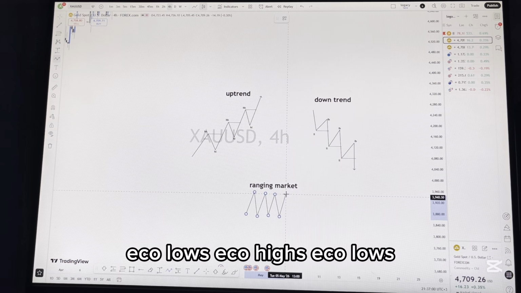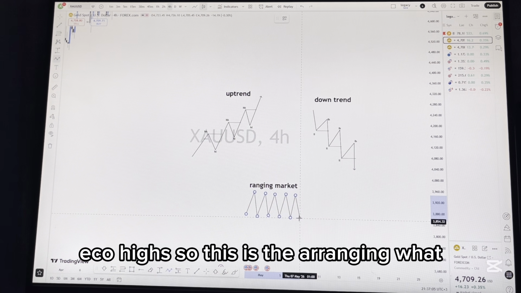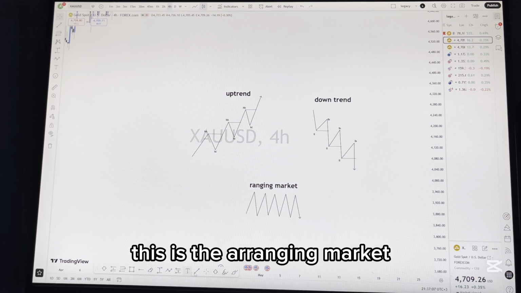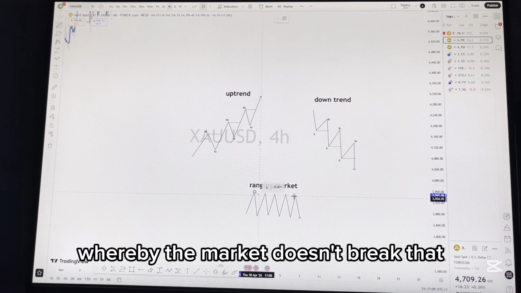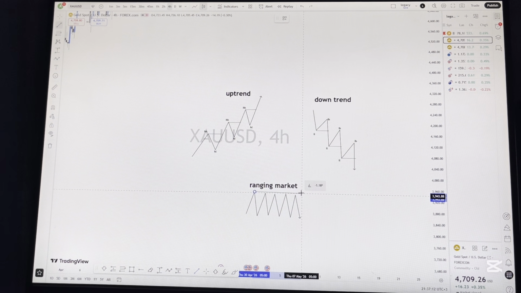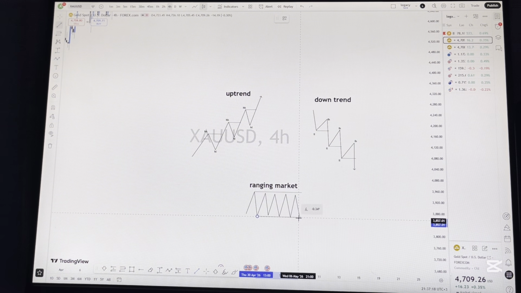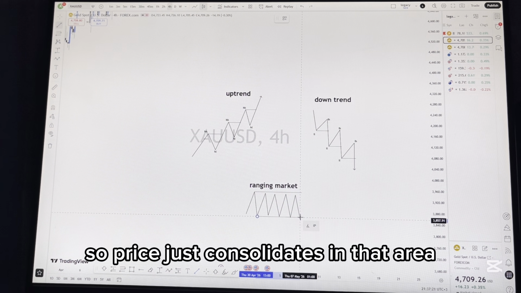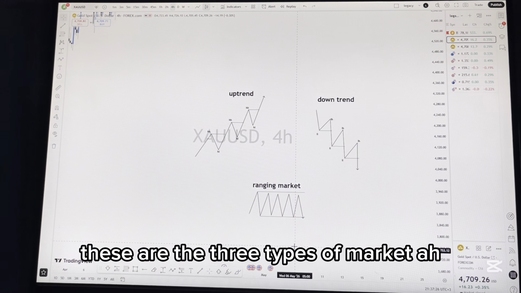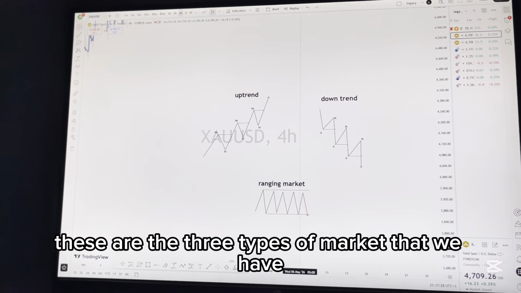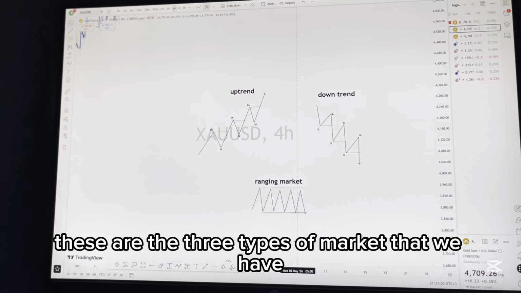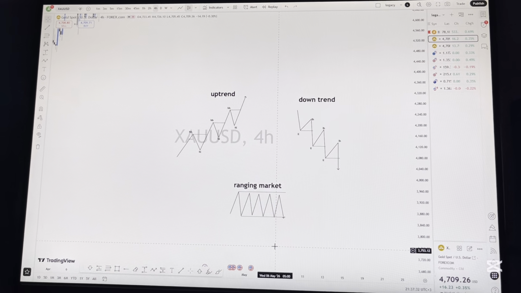So this is the ranging market, whereby the market doesn't break that high, and also doesn't break this low. Price just consolidates in that area. These are the three types of market that we have.